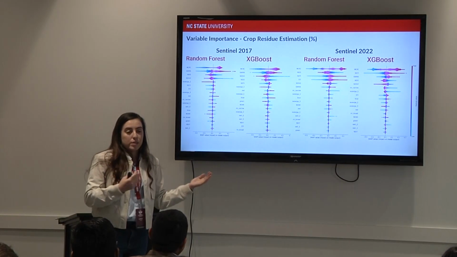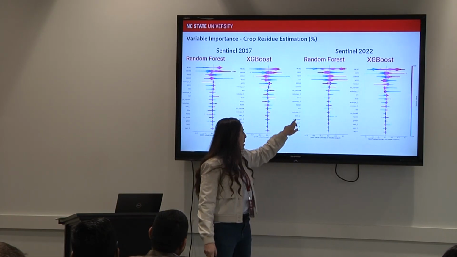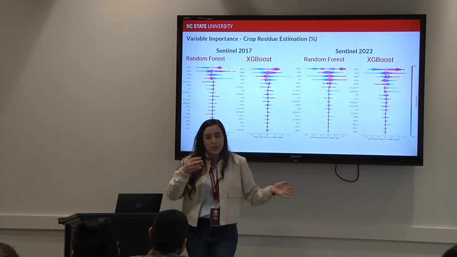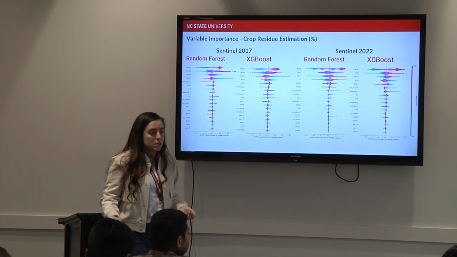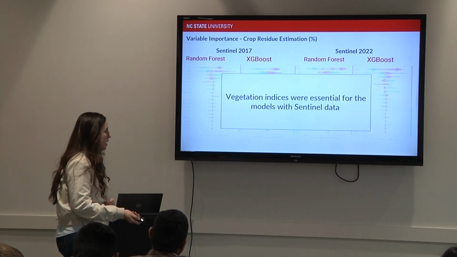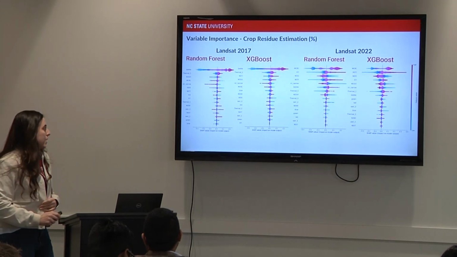The individual bands, SWIR-1 and SWIR-2, were not as important, and the indices were more important. So we can see that indices are doing a better job. Vegetation indexes were essential for the models, especially with the Sentinel data.